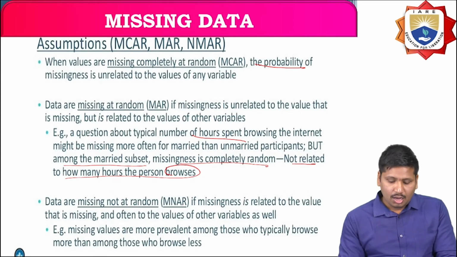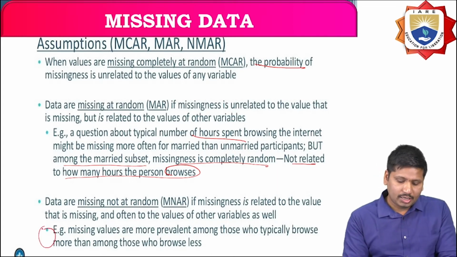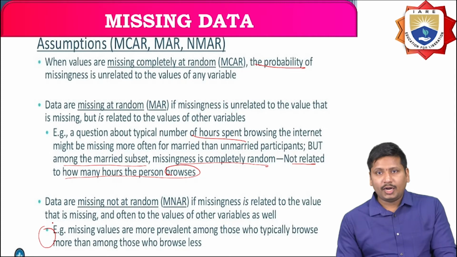And then missing not at random is the case if the missingness is related to the value that is missing and often to the values of the other variables as well. Suppose the missingness is more prevalent among those who typically browse more than those who browse less. This comes under the missing not at random case.